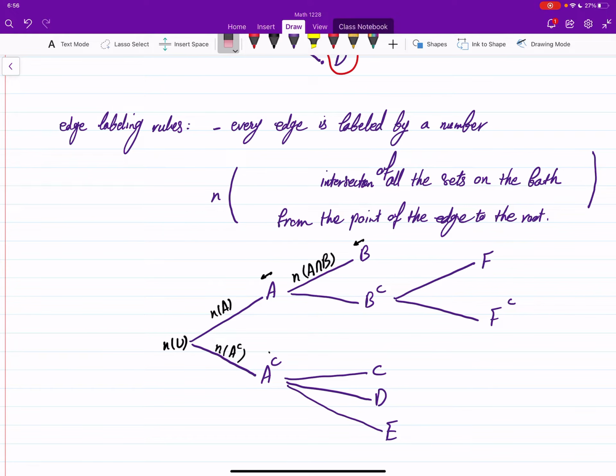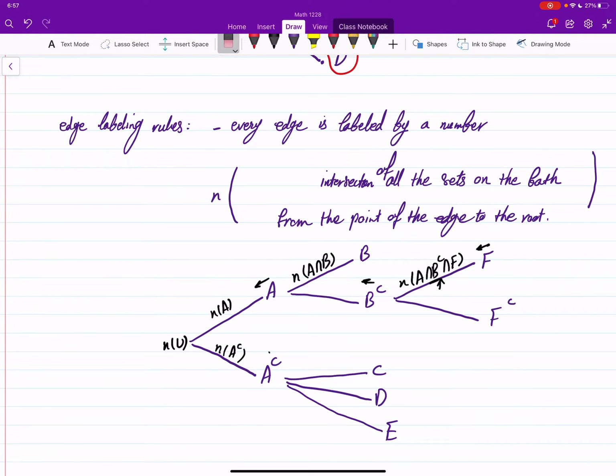For this other edge, I go to the endpoint and find the path to the root. Along the way I saw A, B complement, and F. Then N of that intersection is what you put there.